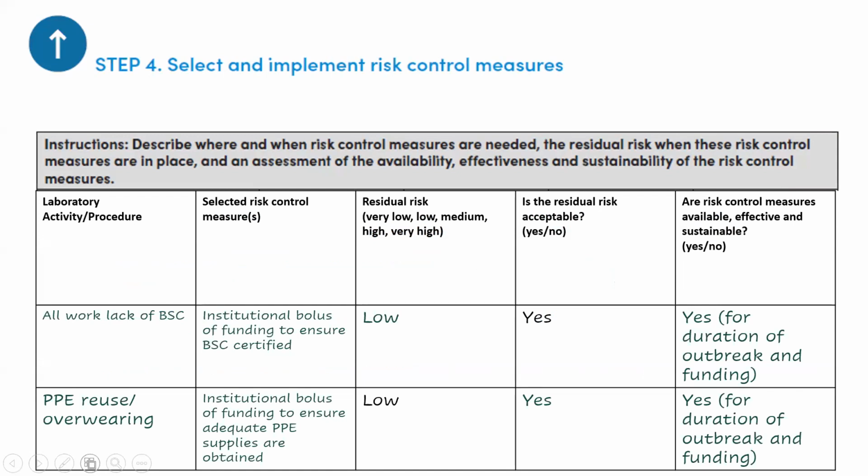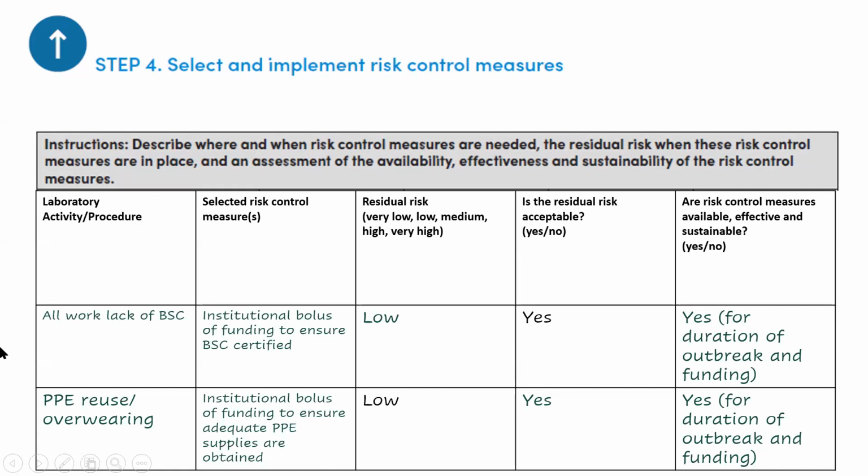So this example and the one just prior of SARS-CoV-2 are a little bit different than your baseline operations risk assessment, because a lot of it is dependent on money and short-term solutions that may become long-term, as I said, but it's a little bit different. But for brevity's sake as well, it's all dependent on funding.